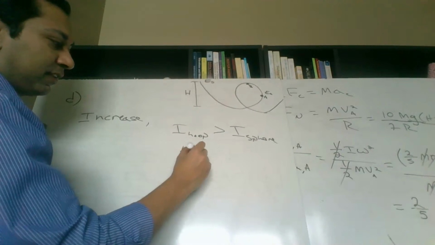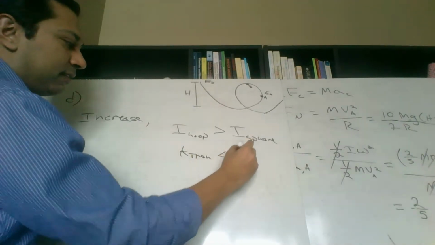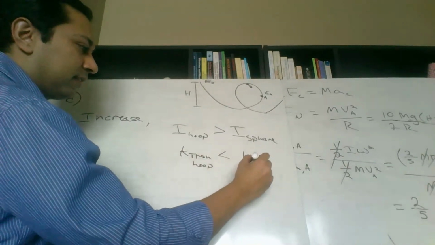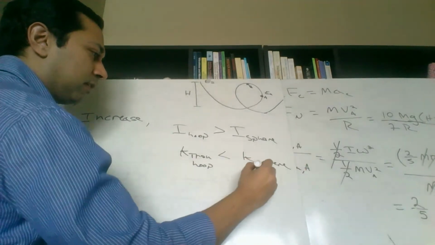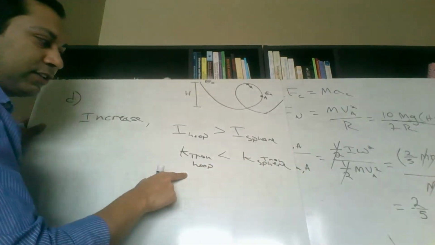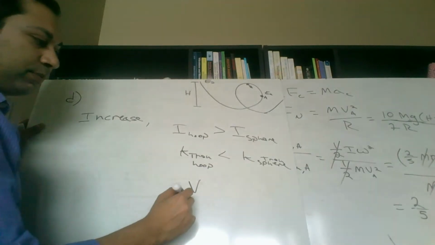So the translational kinetic energy of the hoop is less than the translational kinetic energy of the sphere.